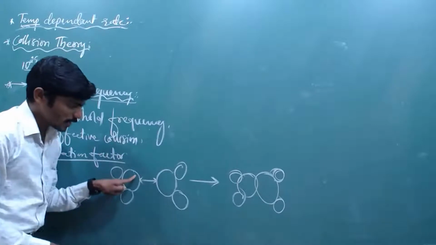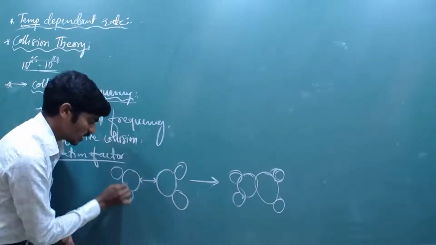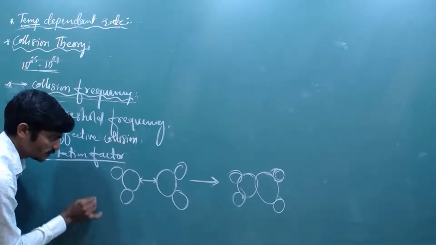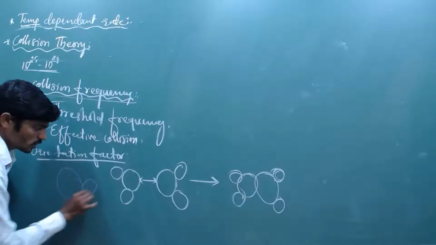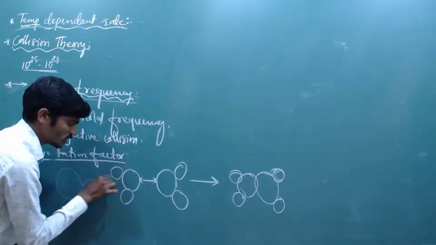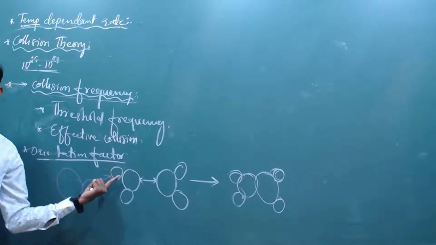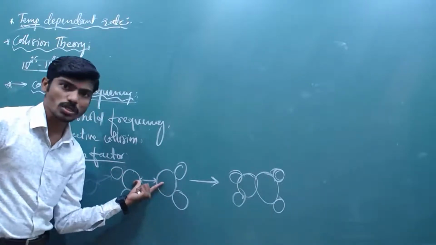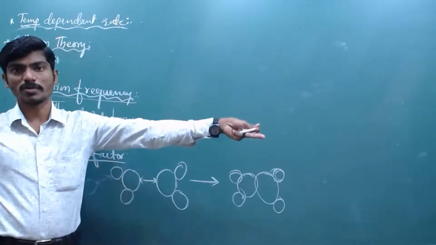If suppose this nitrogen which is colliding with this species, in the other case I am considering oxygen and nitrogen. If these two species collide with each other, then it does not lead to the formation of product. When nitrogen collides in a proper orientation, that leads to the formation of product.